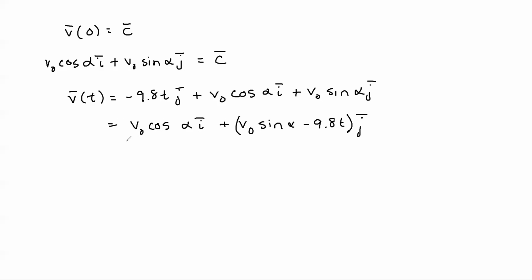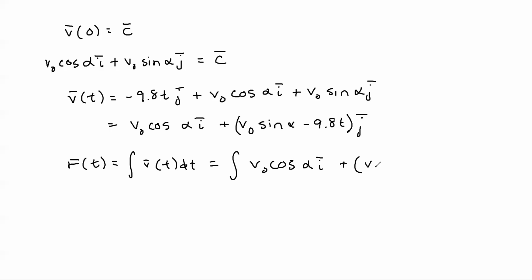j. Okay, and so once we've got that, next we can go through and find the position function by integrating the velocity function. And so we'll have the integral of v naught cosine alpha i plus v naught sine alpha minus 9.8 t j dt.